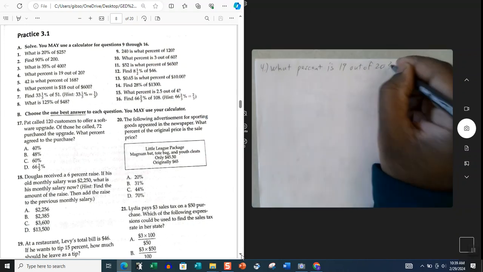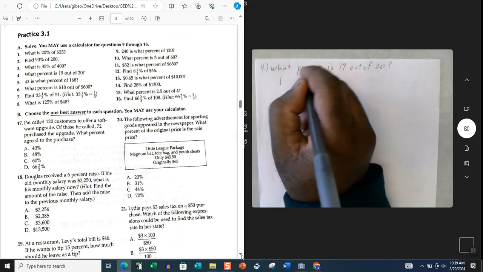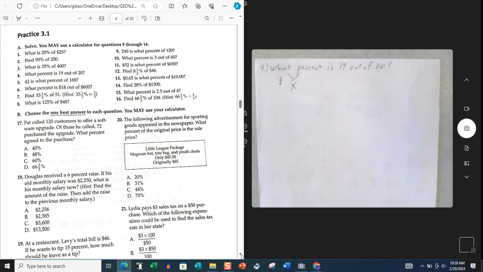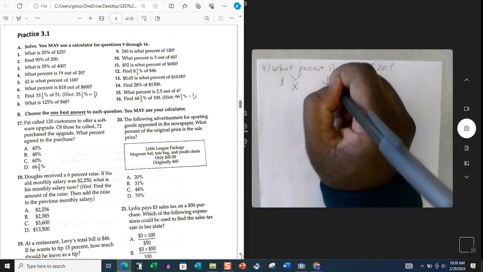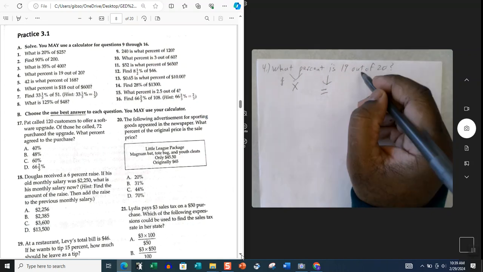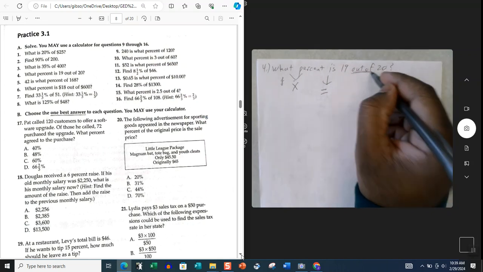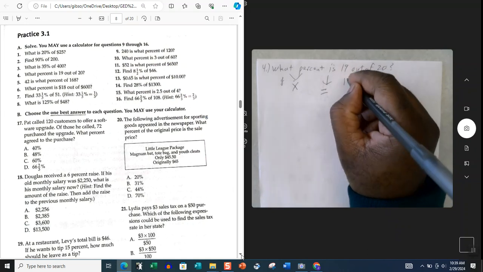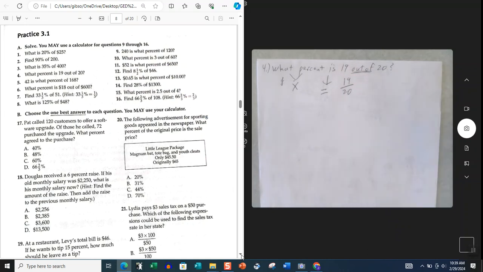Okay, now what percent is X, is equal. Now 19 out of 20, we know out of means fraction, so it'd be 19 over 20.